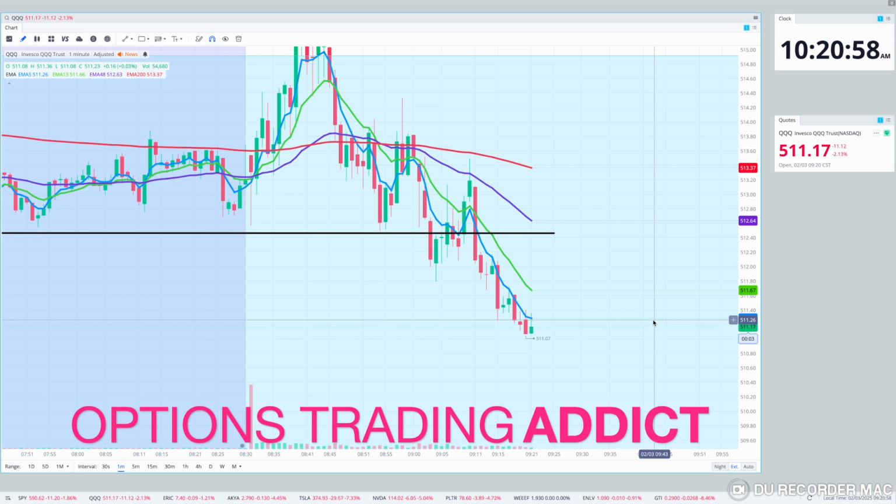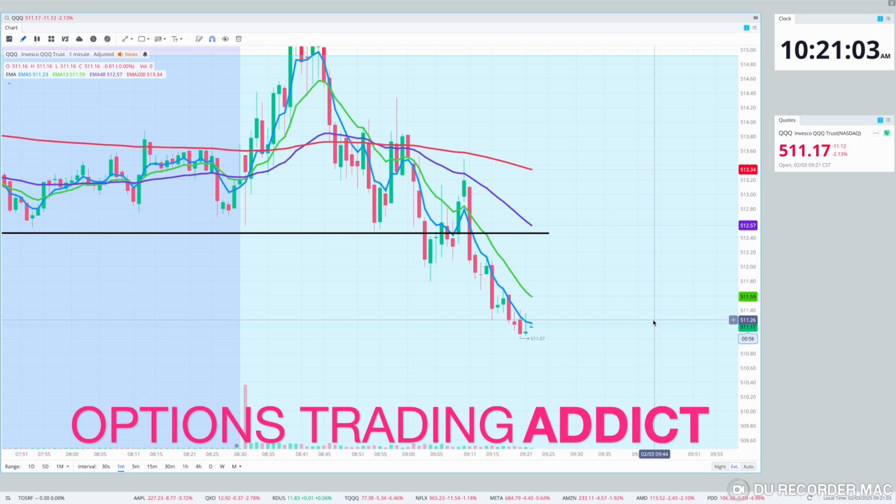I think I got in the right direction, but then it tricks you. Well, price is still under the 5 EMA on the 1-minute chart. I guess that's a good thing. But if I get a cross back up of the 5 and 13, I will exit the trade. We did break under that 512 mark though, finally. But who's to say it's going to stay there? We don't know.